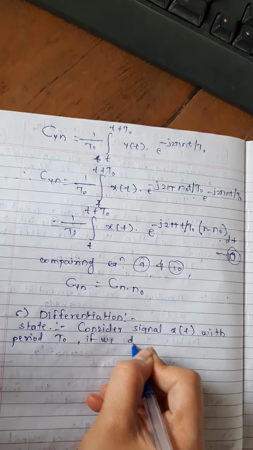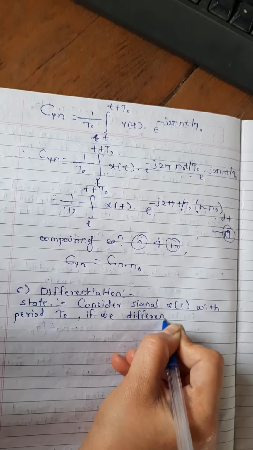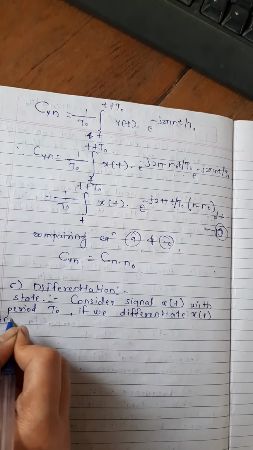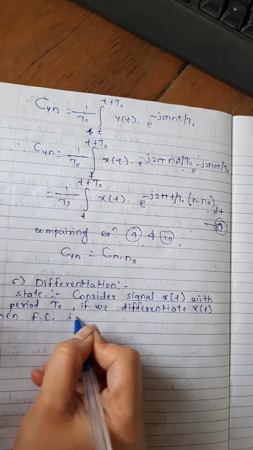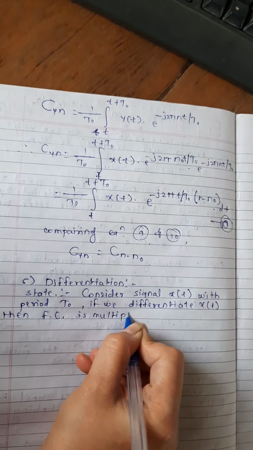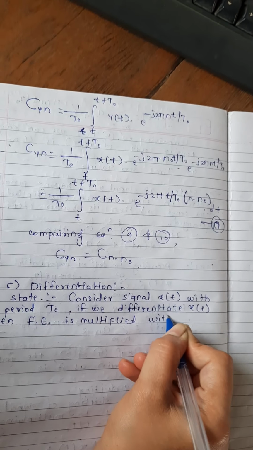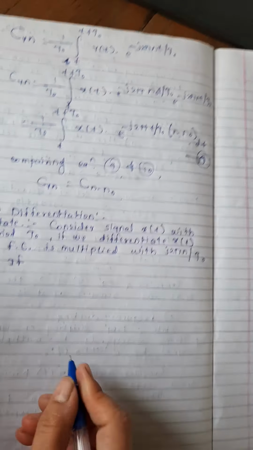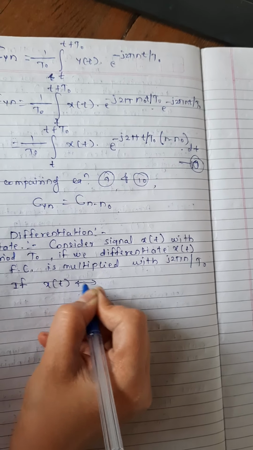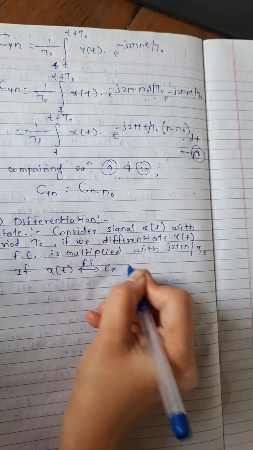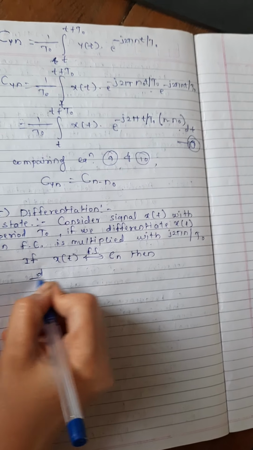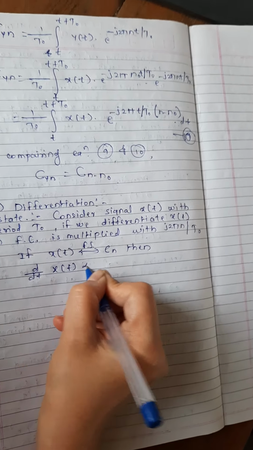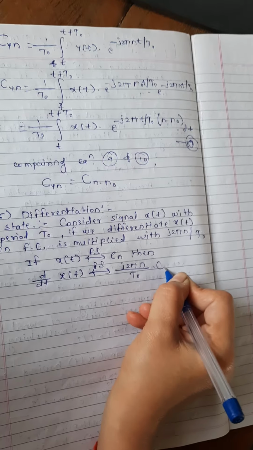If we differentiate x of t, then the Fourier coefficient is multiplied with j2 pi n by T0, and its mathematical equation is, if x of t has Fourier series Cn, then d by dt of x of t has Fourier series j2 pi n by T0 into Cn.